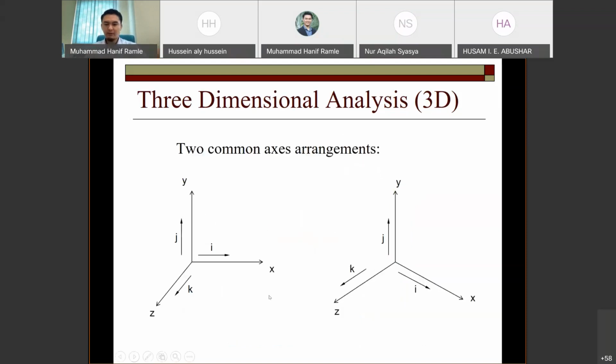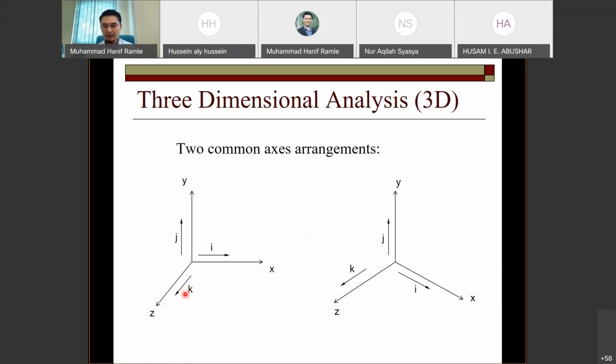3-dimensional analysis, 3D. We have 2 common axis arrangements as shown in the slide. The first one, on the left, is very commonly used in our study, where the right axis is the x axis, the top axis is the y axis, and the isometric axis is the z axis. For x we denote I, y as j, and z as k.